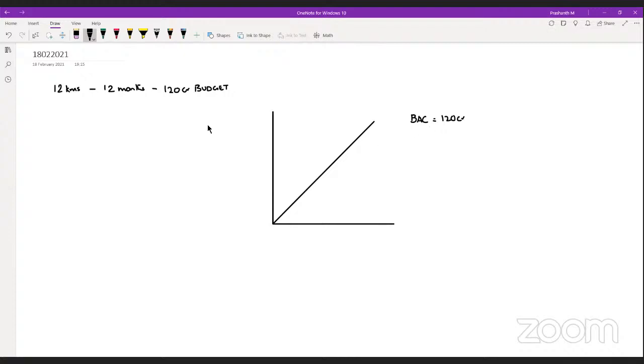Now, when it comes to earned value management, this is something which integrates time, cost, and scope, and gives us the status of the project, how the performance of the project is. And along with that, it speaks about forecasting.